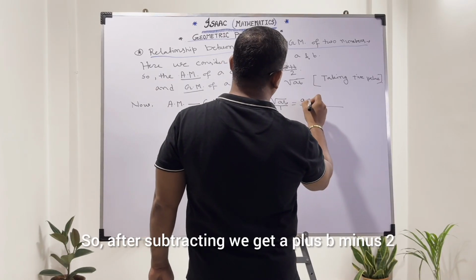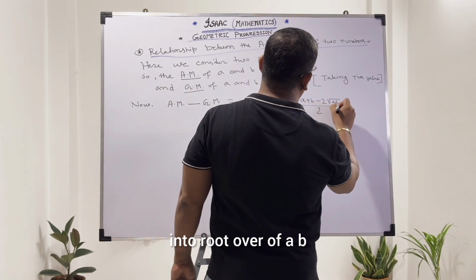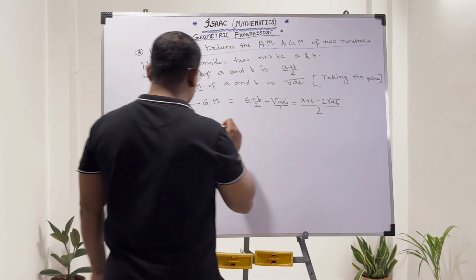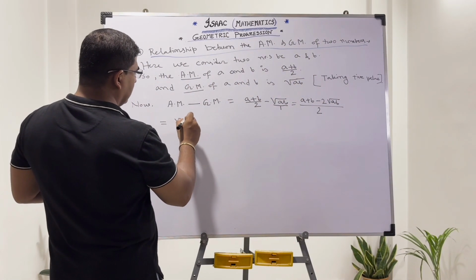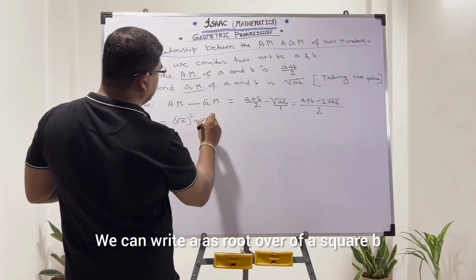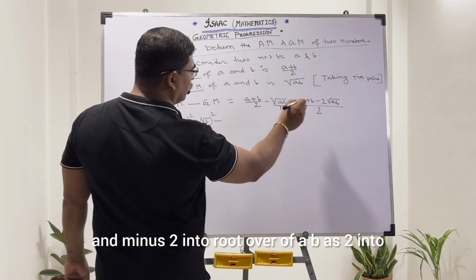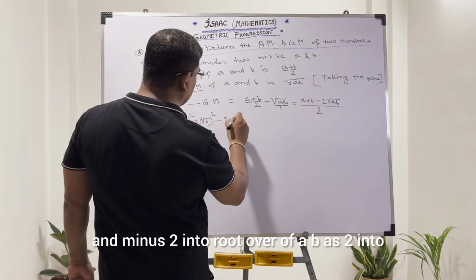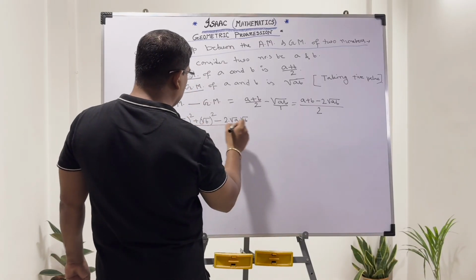So after subtracting we get A plus B minus 2 into root over of AB. We can write A as root over of A square, B as root over of B square, and minus 2 into root over of AB as 2 into root A into root B, whole divided by 2.